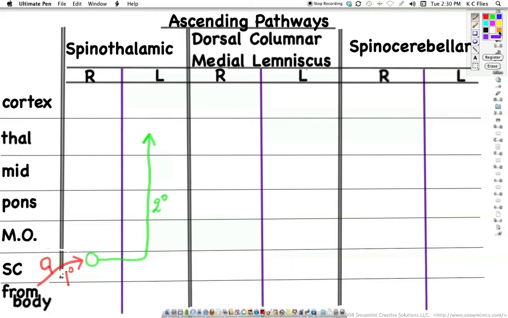Our last neuron, our third neuron, will then synapse at the level of the thalamus with its cell body and then go to the cortex, and more specifically it is going to go to the primary somatosensory cortex.